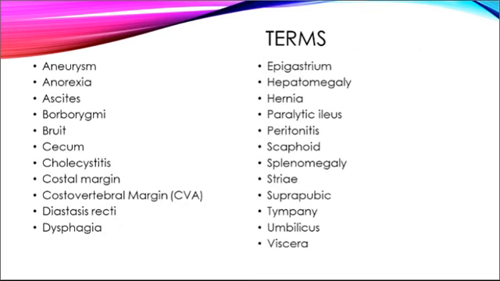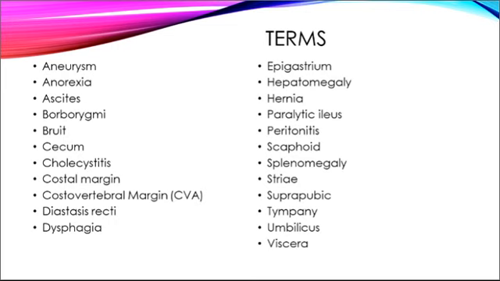Terms, lots of terms for this one. An aneurysm is a defect or sac formed from dilation of the artery wall. Anorexia is a loss of appetite for food. Ascites is an abnormal accumulation of serous fluid within the peritoneal cavity, often accompanying liver disease.